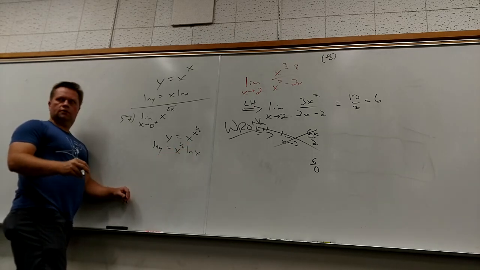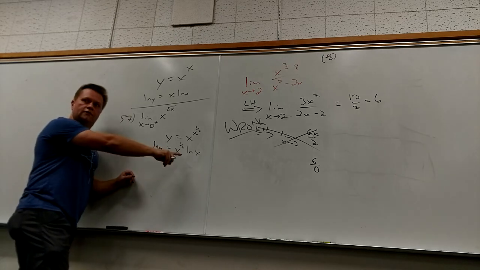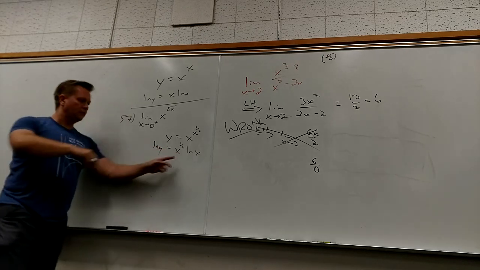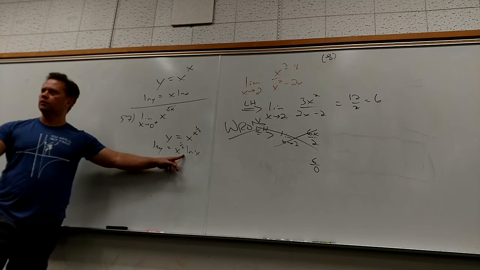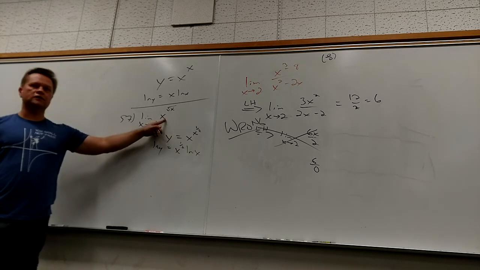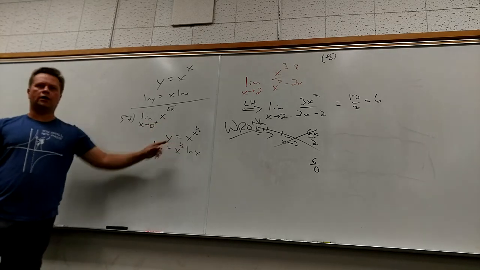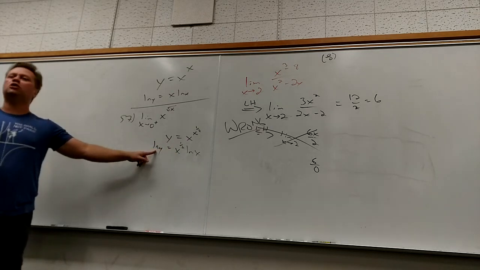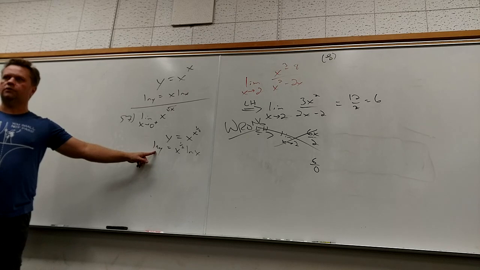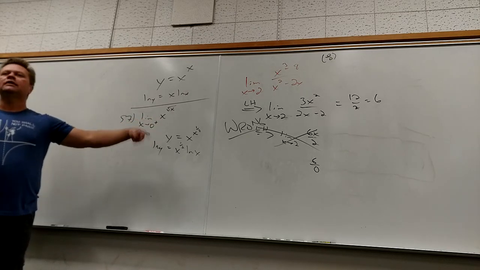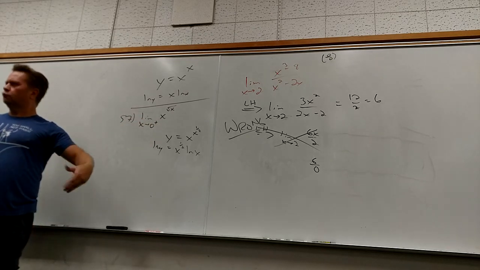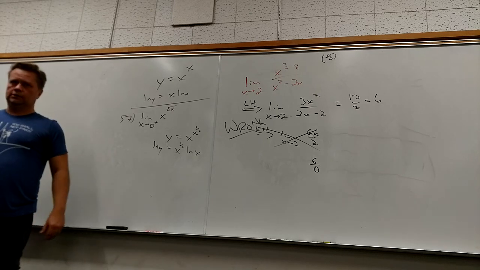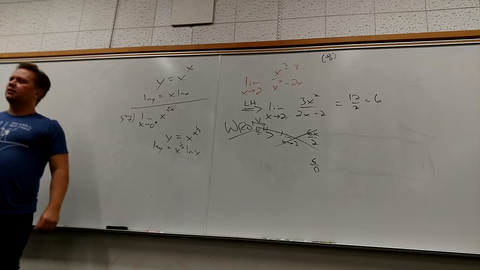Now if I find the limit of this, so if the limit of this was 2, then the limit of this must be e squared, because if I find the limit, I'm finding what natural log of y goes to. So then what would y go to? E to that. I've got to resolve it.